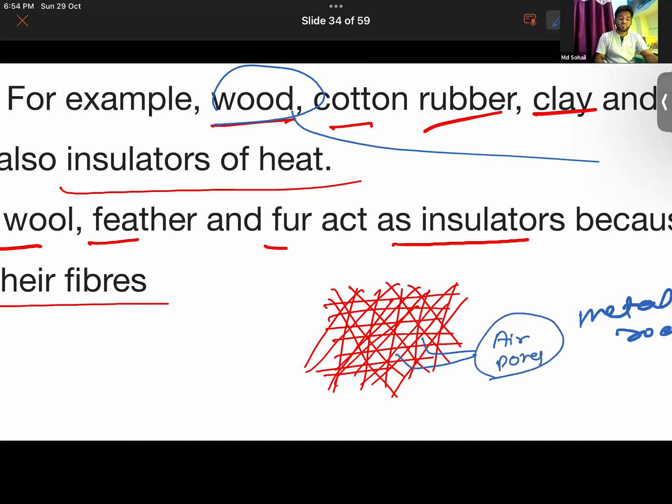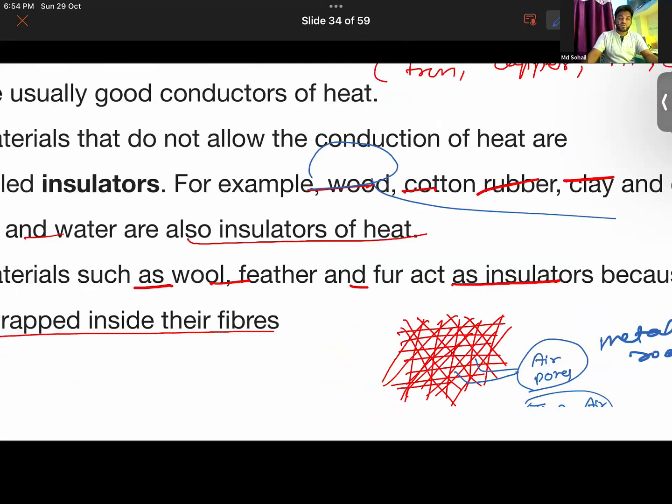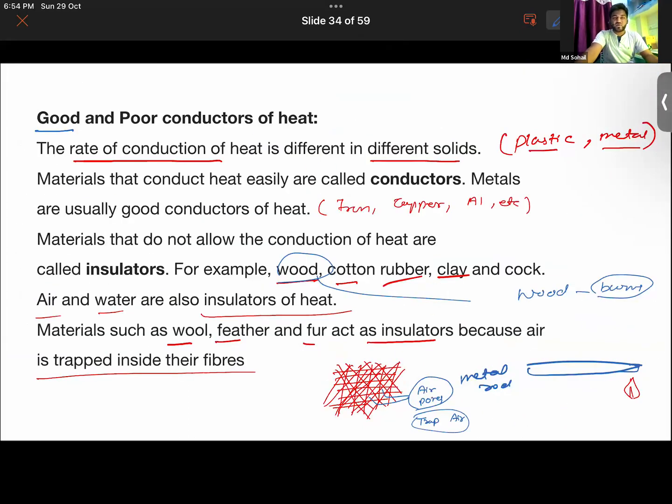These air pores will trap the air. And we know that air is a bad conductor of heat. Always remember that air is a bad conductor of heat, not a good conductor.